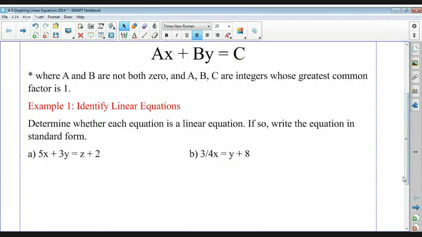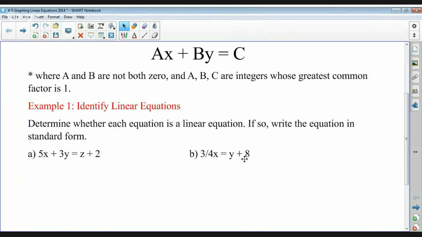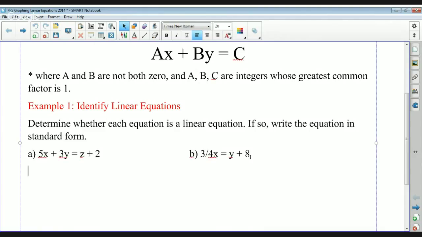If you remember from up above, standard form is all whole numbers, and the greatest common factor is 1. Do we have all whole numbers? Well, I hope pretty easily you can look at our A coefficient of 3/4 and see that it's not all whole numbers. So if we multiply everything by 4, we want to multiply the parentheses of 3/4 x equals y plus 8.